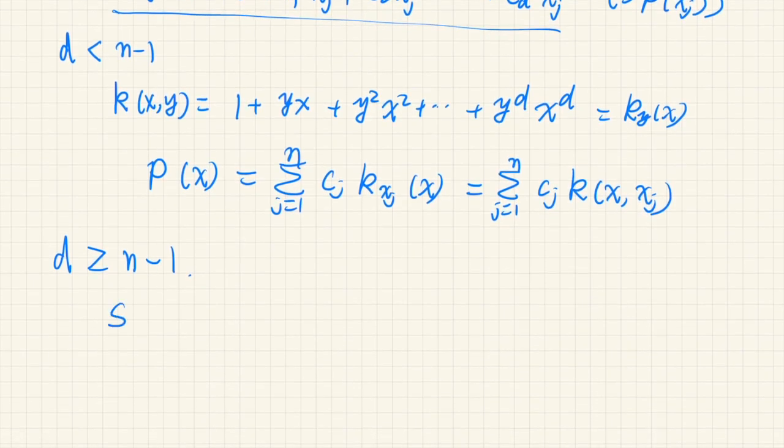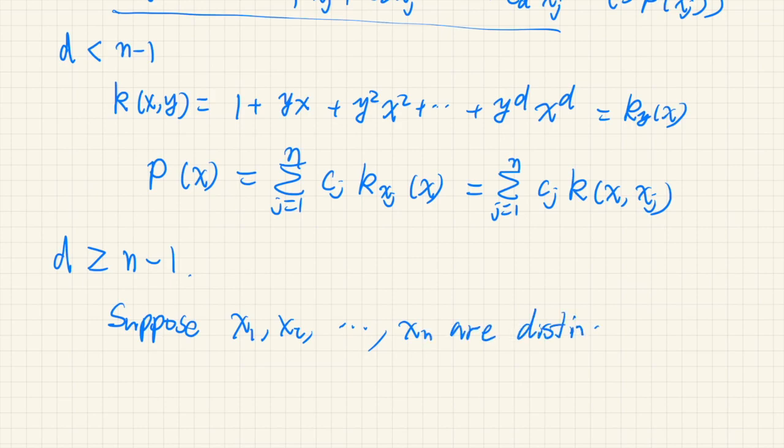First, suppose all the values of x's are distinct. x1, x2, and so on, xn are distinct. That means each of them is different from all the others. Then there exists a polynomial, let's say p of x equals c0 plus c1 x, and so on, up to c_{n-1} x to the power of n minus 1.